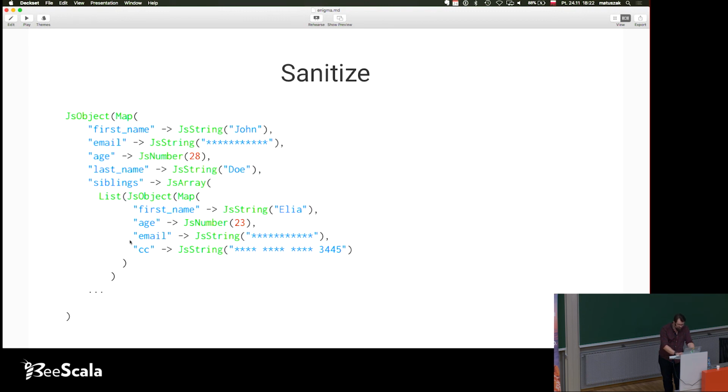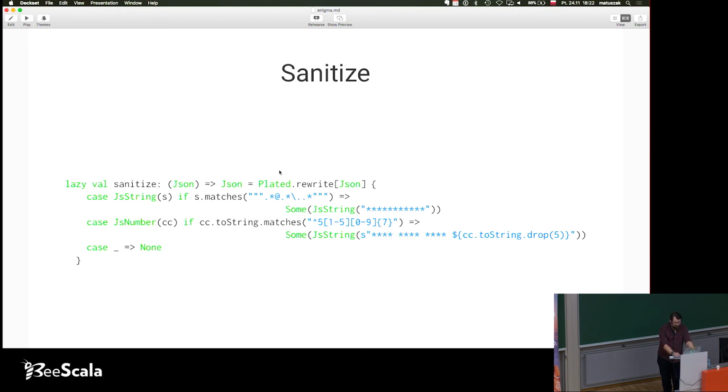So in this case, for example, here we replace the email with stars or asterisks, and for the CC, we leave the last 4 digits. And to have this, we need something like this simple optic.